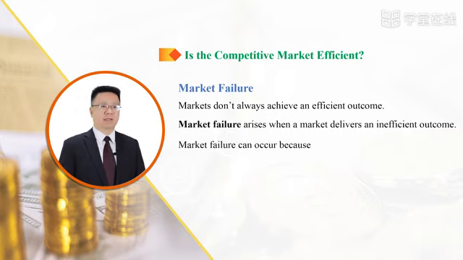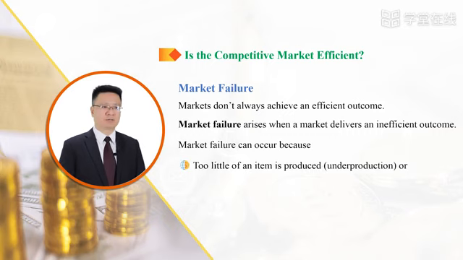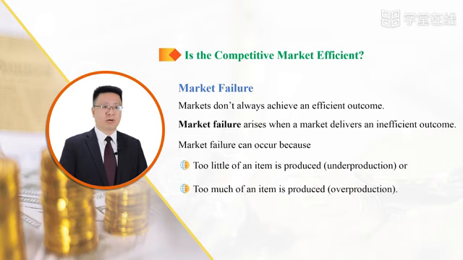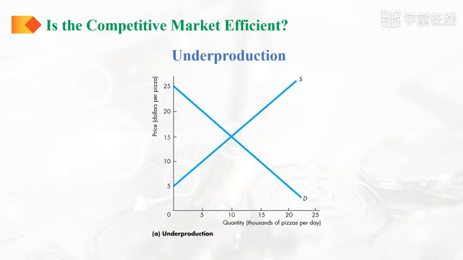Market failure can occur because too little of an item is produced, underproduction, or too much is produced, overproduction. We will describe these two market failure outcomes and then see why they arise. Underproduction. Assume the efficient quantity is 10,000 pieces a day.